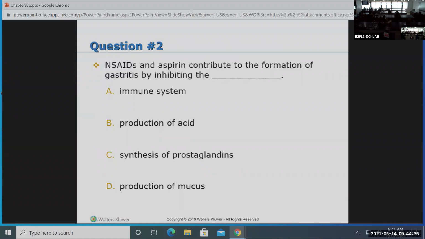Now, non-steroidal anti-inflammatory drugs and aspirin contribute to the formation of gastritis by inhibiting, we already said that one, inhibiting what? Synthesis of prostaglandin. Aspirin is a very cheap medication, very cheap but very useful. But we have to be very careful if it is causing problems in the body.